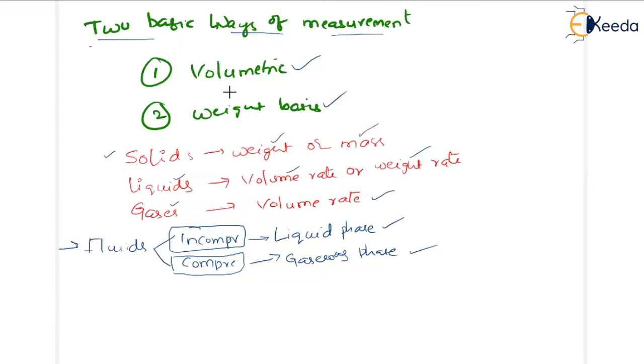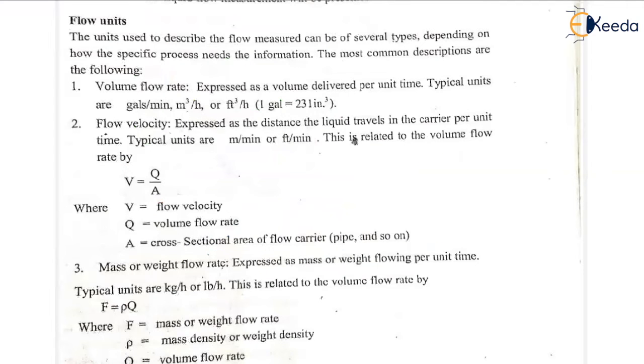So, what are the units of flow? Generally, flow can be measured in several types of units depending on the specific process needs. Most commonly used are volume flow rate, flow velocity, and mass or weight flow rate, which I discussed in the last slide.